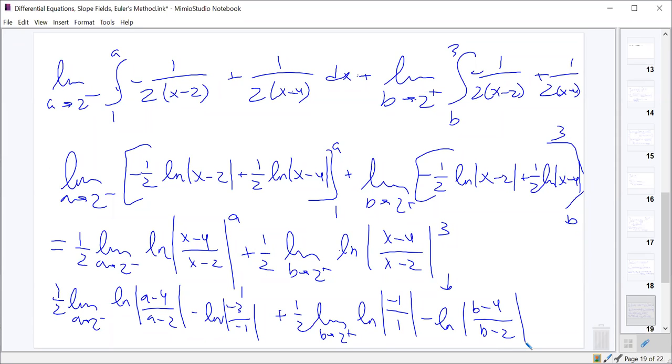Okay. As a approaches 2 from the left here, what do we end up with for this limit? We end up with -2 over 0, which becomes -2 over infinity, which becomes natural log of 0. Right?